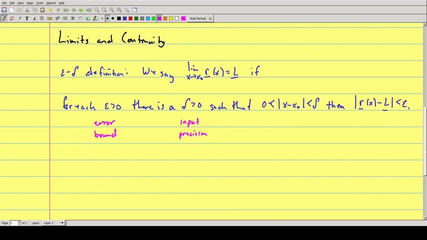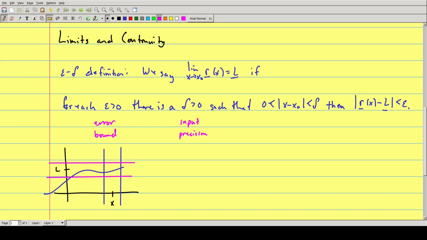Okay. In 2D, the picture looks something like this. You have our limit, and if you specify an epsilon, so you have x plus epsilon and x minus epsilon, then you'll get a delta that traps it in that box.